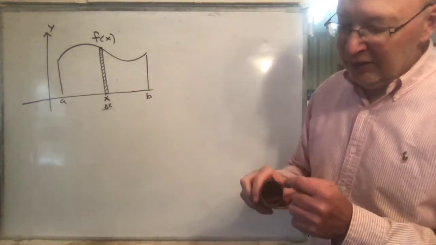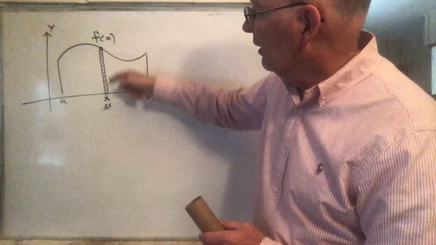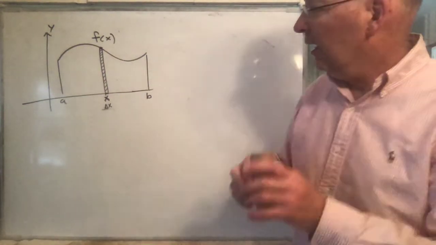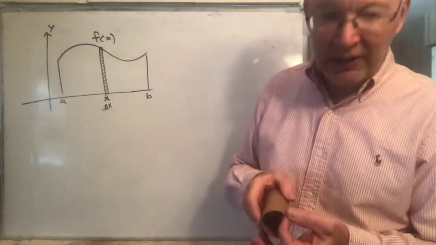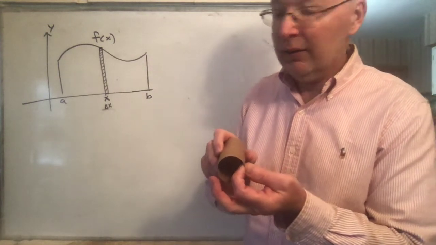So that corresponds to this distance right here. And then the height of it, that's going to be this distance right there. There's the height. And then finally the thickness, that's going to be just the thickness of this cardboard right there. Agreed?